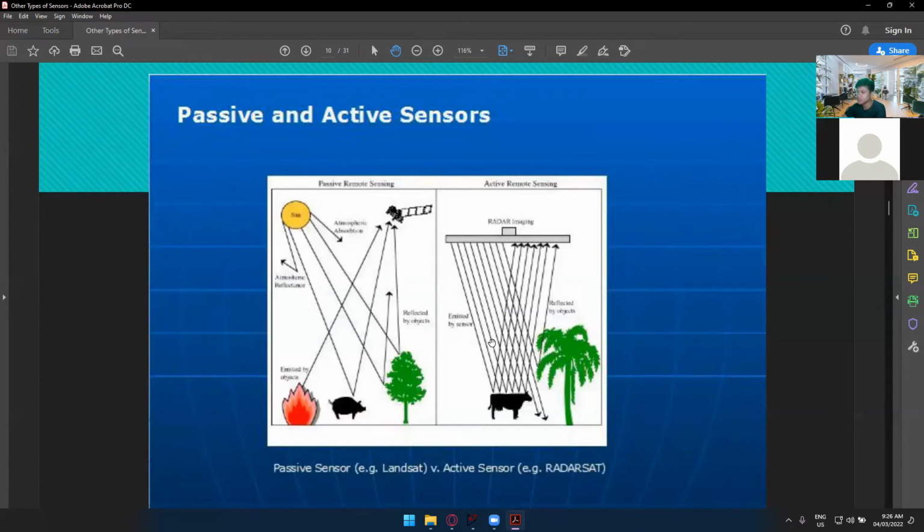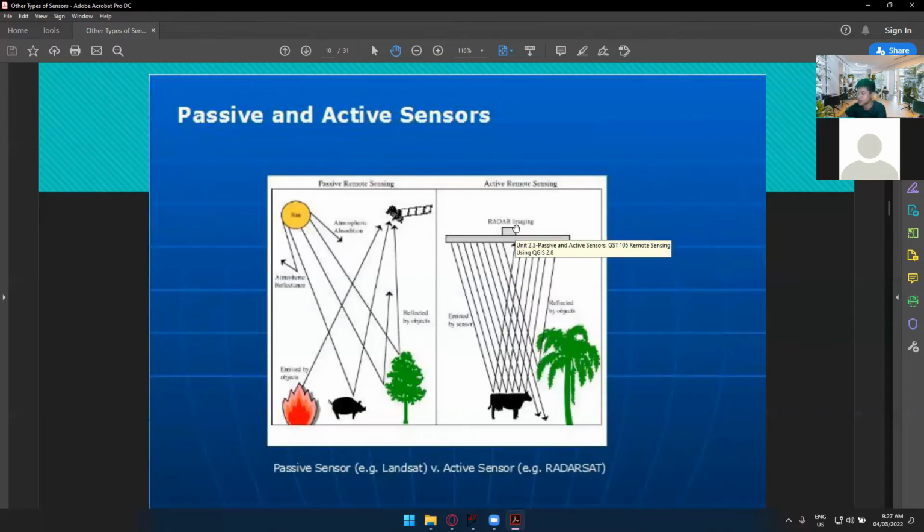I read in some articles that passive sensors are not as accurate, but at the same time they are very cheap. The active sensor is a little bit more accurate, but at the same time a lot more expensive, because it is using more advanced technology, or more components in it.